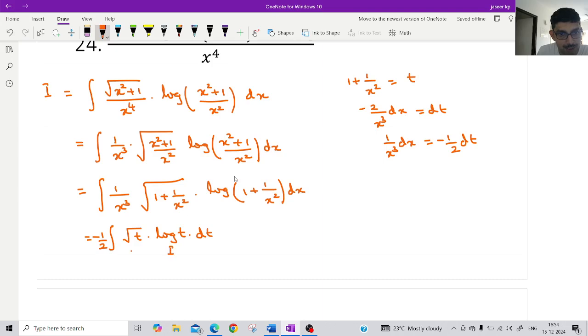So now this can be done using by parts, log t as first function, root t as second function. So it will become minus half, then log t first function into integral of root t, that is t to the power 3 by 2 by 3 by 2, minus integral of derivative of log t, that is 1 by t, into integral of root t, that is t to the power 3 by 2 by 3 by 2 dt.